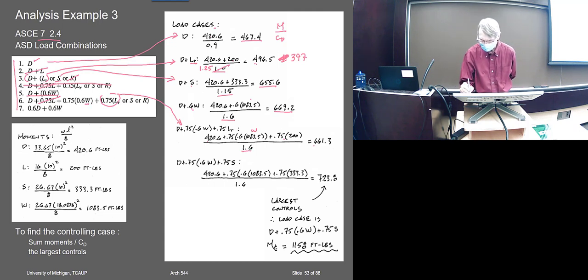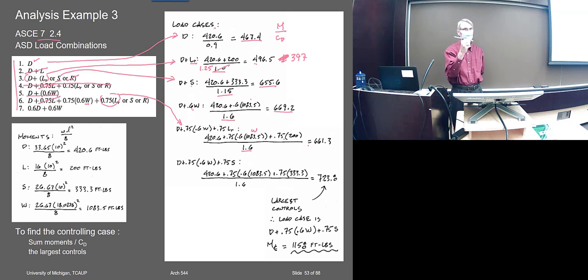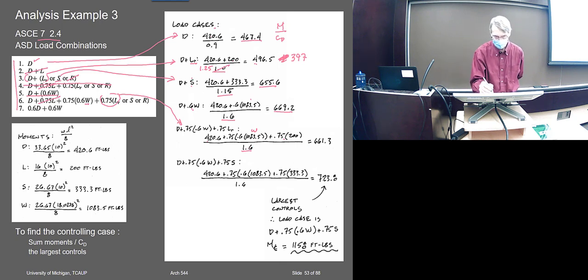So that's 1.6. So you always take the CD for the shortest duration, right? So if wind is in it, that'll be it. Or snow, or whatever the shortest duration of the combination is. Okay, and then the last one. This would be with snow, right? This is my snow load.